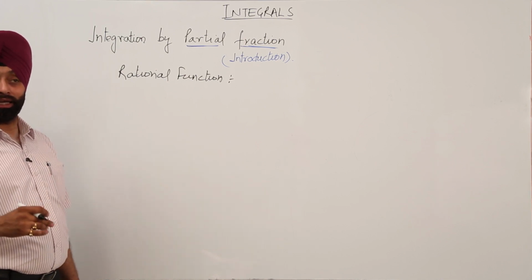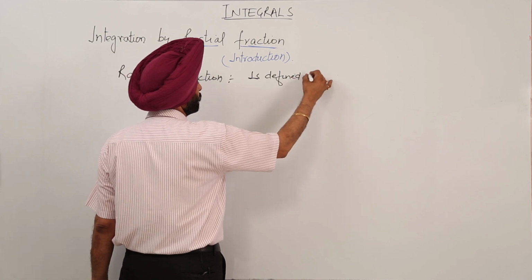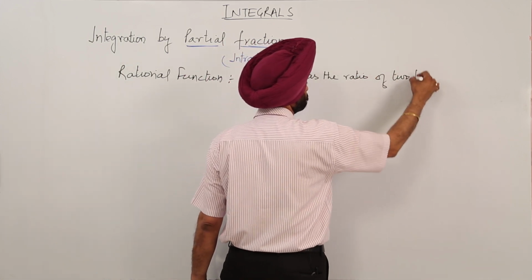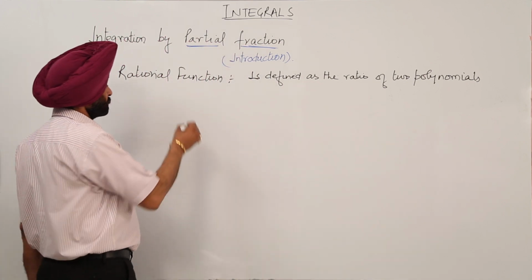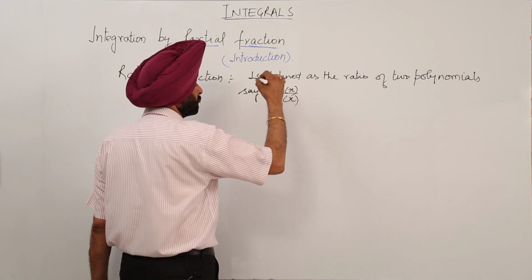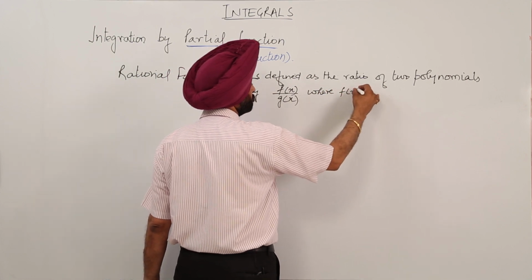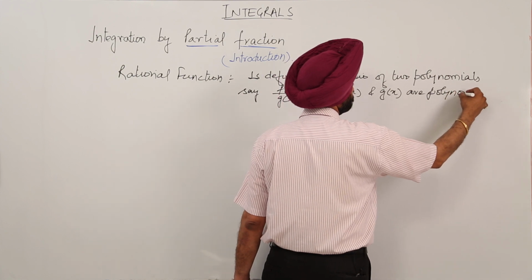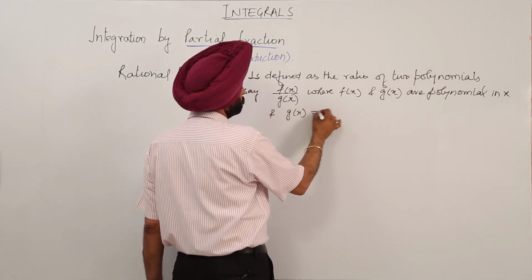Now a rational function is defined as the ratio of two polynomials, say f(x) upon g(x), where f(x) and g(x) are polynomials in x, and g(x) is not equal to 0.